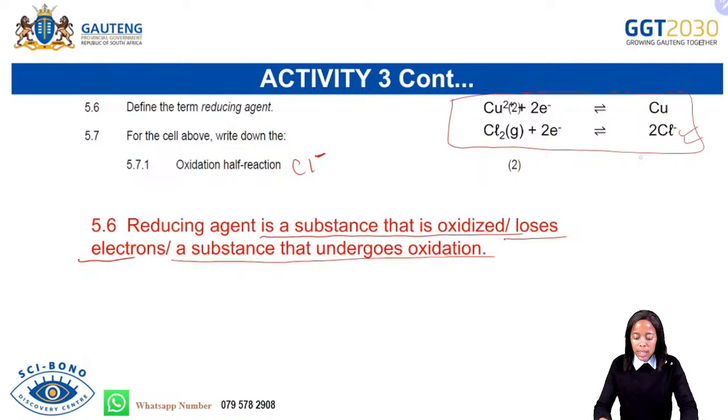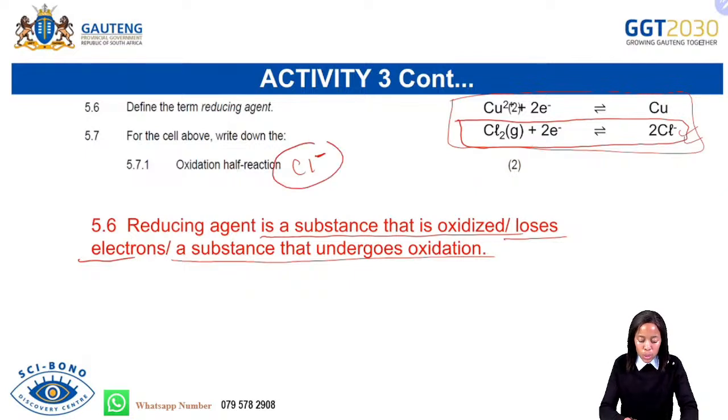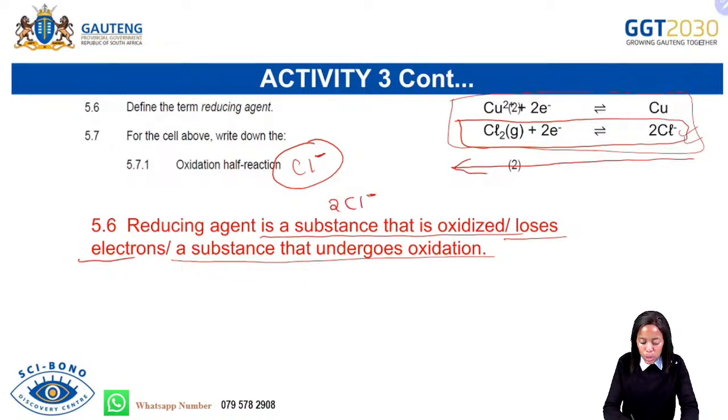Because the Cl minus is migrating to the anode, we are going to write the chlorine in terms of oxidation. Why? Because that is where we have the migration of the chloride ions. So if we write the chlorine in terms of oxidation, we are going to write it from the right to the left. And when we do that, it will be 2Cl minus.